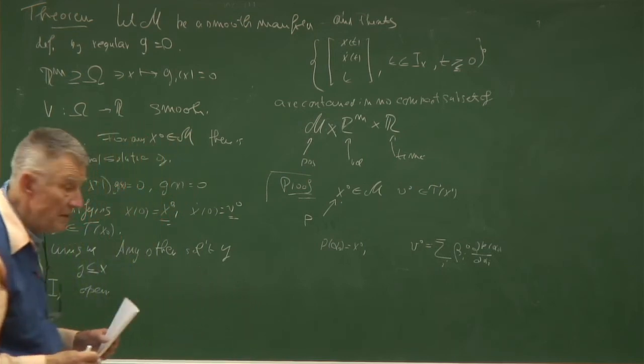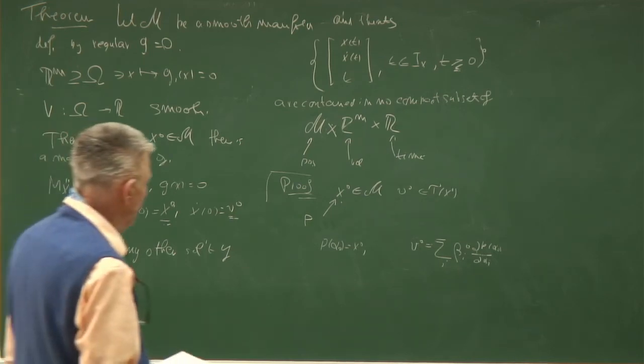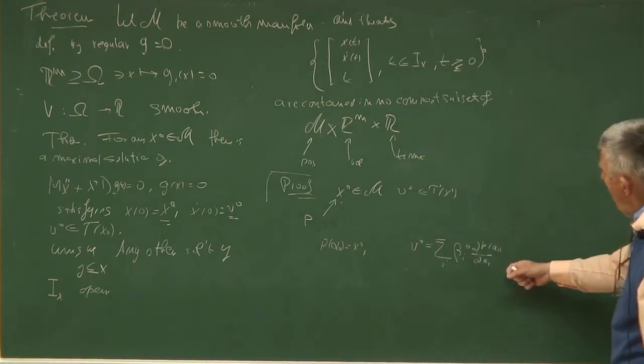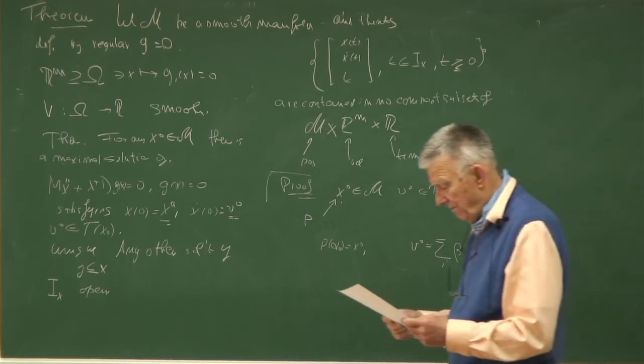V0 is a linear combination of the basis of the tangential space, which is given by the derivatives of the parameterization. That's our geometry, which we know.